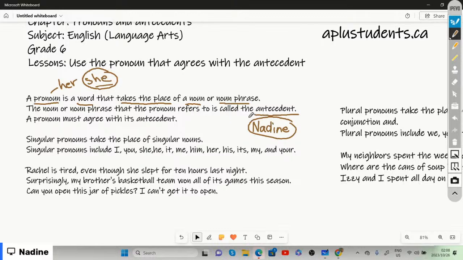The antecedent is the noun or the noun phrase that the pronoun refers to. The antecedent is Nadine, the actual name. But the pronoun, instead of saying Nadine, is where we refer to her as she.